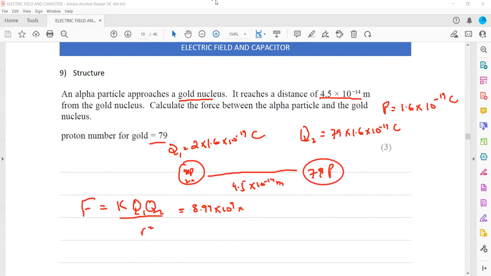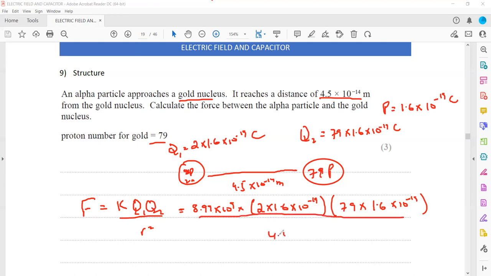Just substitute the values: for the alpha particle, 2 into 1.6 into 10 power minus 19, and for the gold nucleus, 79 into 1.6 into 10 power minus 19, divided by R square, which is 4.5 into 10 power minus 14, squared.